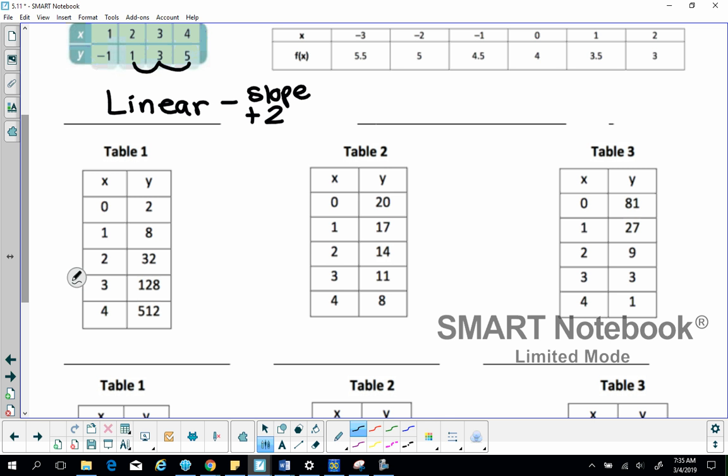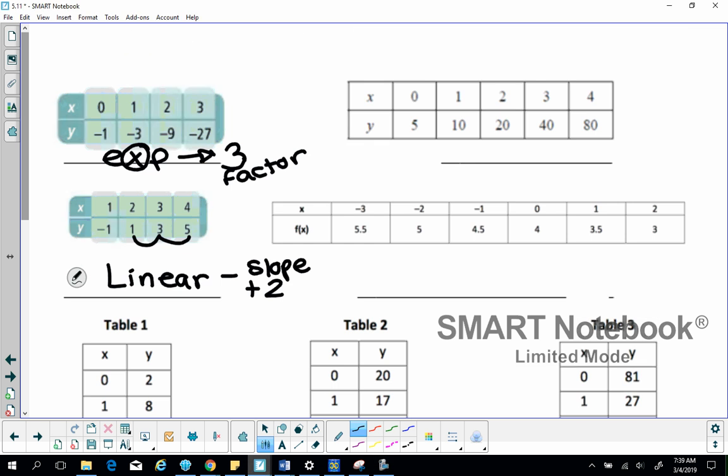Then I go, okay, 2 times what equals 8? 4. What's 8 times 4? Is that what I got right there? So that will help you out also. So what I want you to do is just go through it. You don't even need to write the factor or the slope. Just identify if it's linear or exponential. So do that first. Good deal.